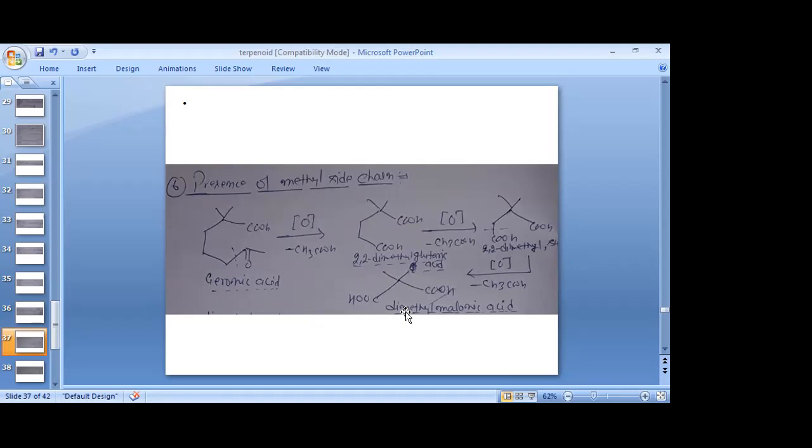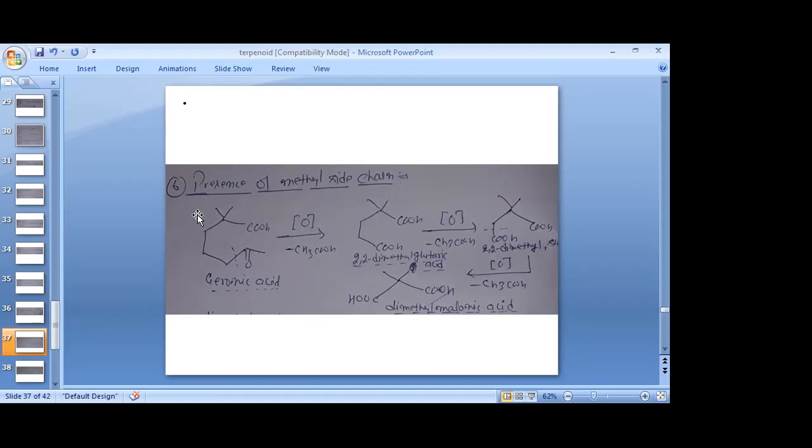Right? So in this way, on the basis of the final product, dimethyl malonic acid, you can say there are two side groups or two methyl groups. And on the basis of geronic acid, you can say one methyl group exists at this position.